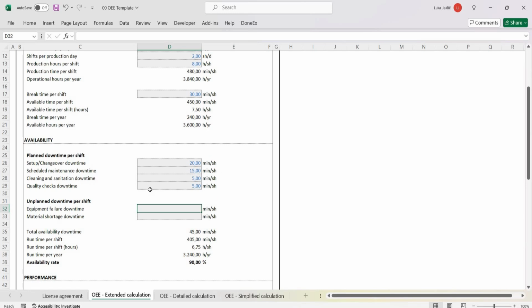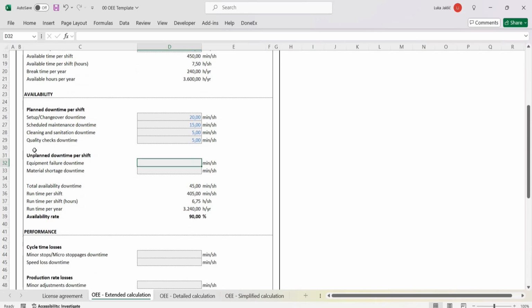In addition to planned downtime, there's unplanned downtime that affects availability. Equipment failure downtime, due to unexpected breakdowns or malfunctions, contributes 5 minutes per shift. Material shortage downtime, which occurs when there is a lack of necessary materials, also adds 5 minutes per shift. Combining these, the total unplanned downtime per shift is 10 minutes.